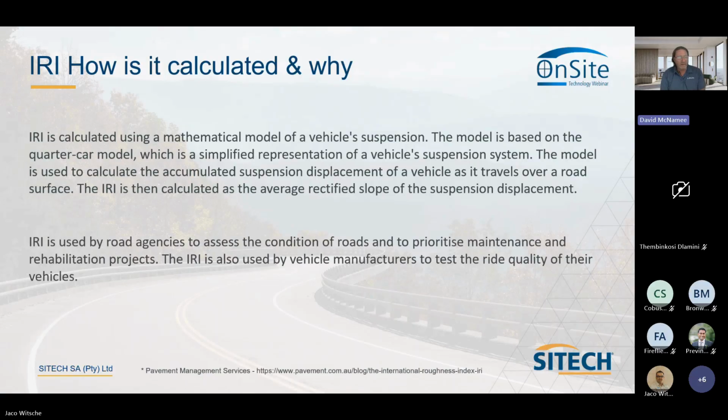They can go off and scan the surface of the road, come back, do this IRI test and say, right, this road surface is out of tolerance. We need to go and mill it or replace it and then put a new design down. So it's not just used for as-built afterwards, it's used to determine if the road surface is within our calculation of good conditions. Okay, next slide, please.